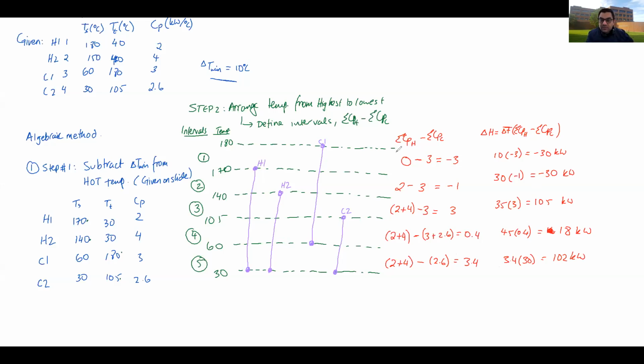So let me save this whiteboard. I'm going to save it. And now I'm going to erase this side right here so that we can draw our cascade diagram.